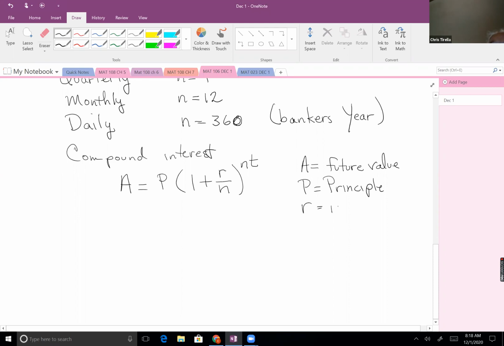R is the rate, and again, we want to express it as a decimal. N is the compounds in 1 year. And T is the time in years.